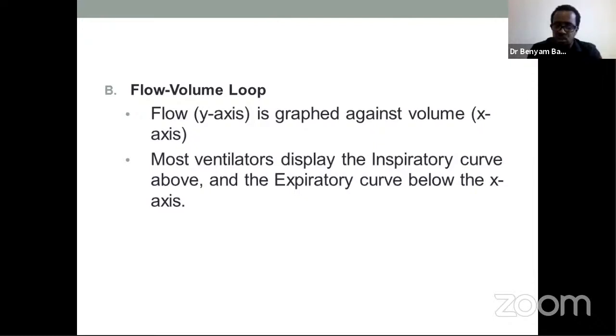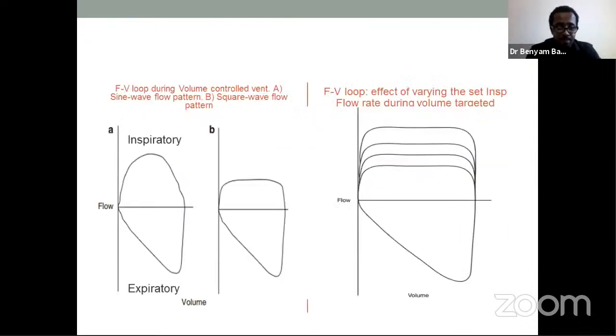Usually most ventilators will display the inspiratory curve above the x-axis and the expiratory curve below the x-axis. So this is what I meant by that. Inspiratory flow is usually presented on most of the ventilators above the x-axis, and the expiratory phase is represented below the x-axis.